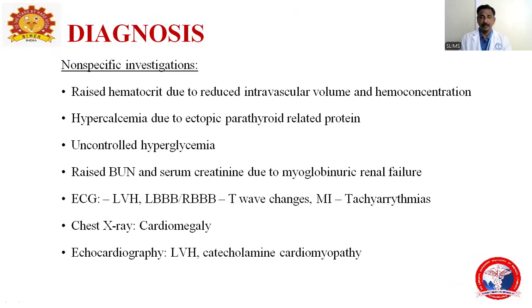ECG findings in a pheochromocytoma case include left ventricular hypertrophy, left bundle branch block, right bundle branch block with P-wave changes, and MI or tachyarrhythmias can also occur. Chest X-ray: there will be cardiomegaly owing to ventricular hypertrophy. Echocardiography may show left ventricular hypertrophy and catecholamine-induced cardiomyopathy.